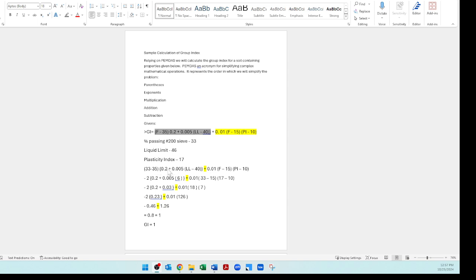So I don't want to add it. If I added it, it would mess things up. What it's telling me to do first is to multiply right here. This parentheses and this parentheses is telling me to multiply this, not this, but this. Not to add yet. I can't add these. I multiply this times liquid limit minus 40. And again, what did that give me? It gave me 6.